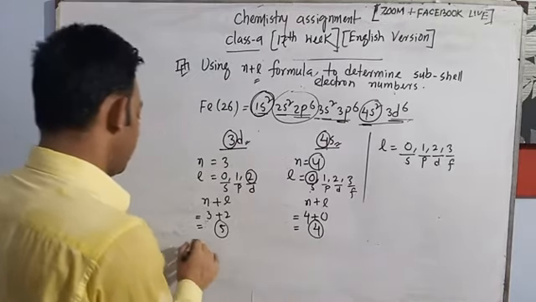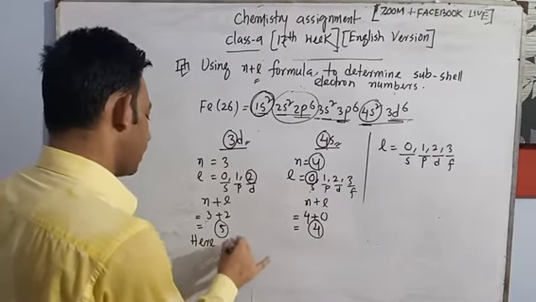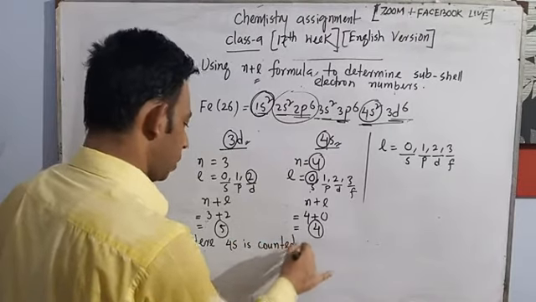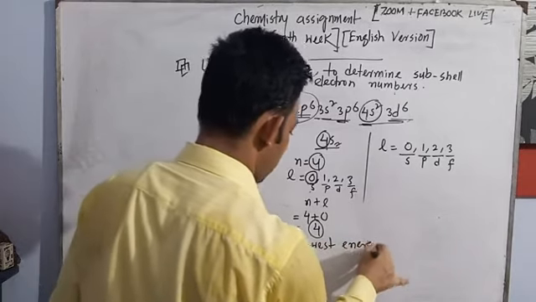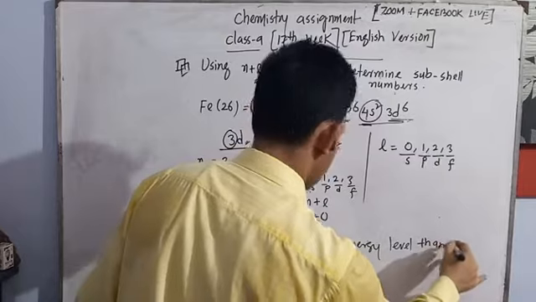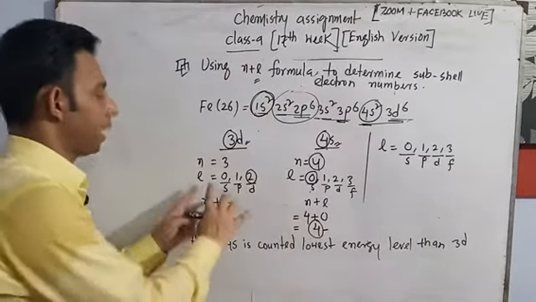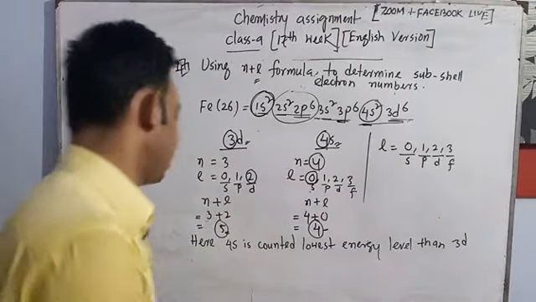That means here 4s is counted as the lowest energy level, then 3D. Why? Because it is 4, it is 5, after using the n plus L formula. So lowest energy level, then 3D.